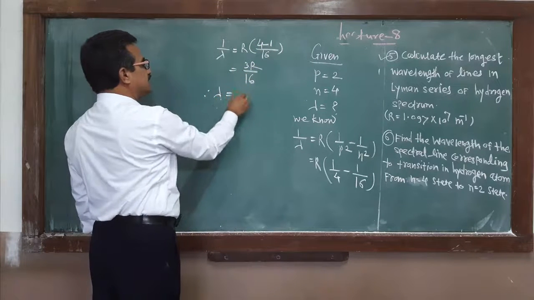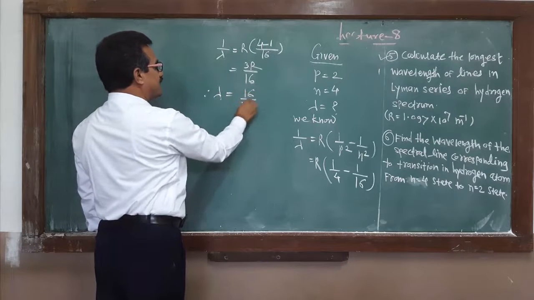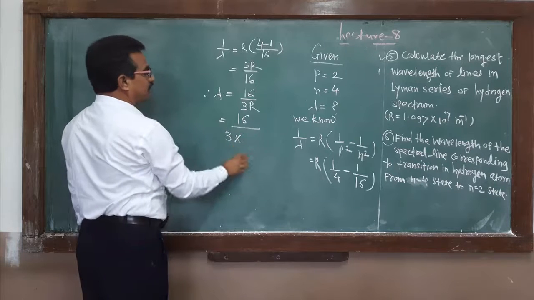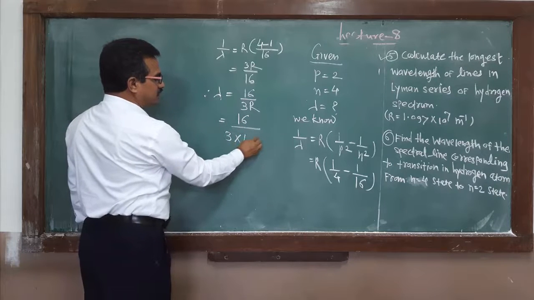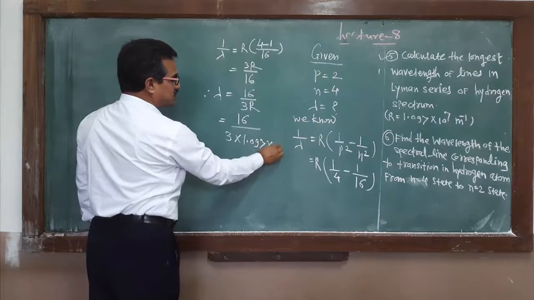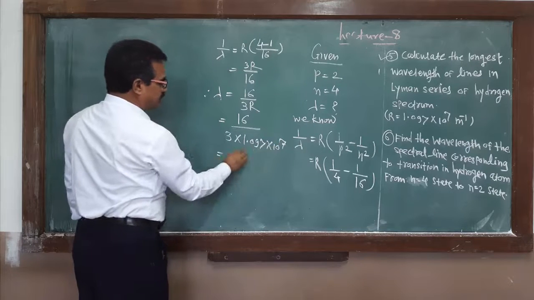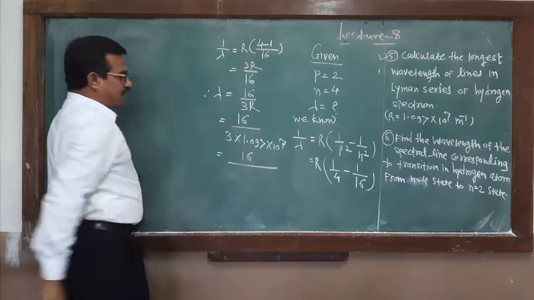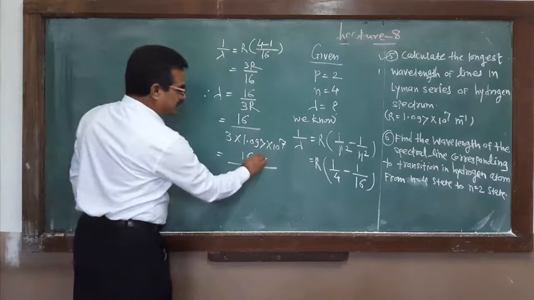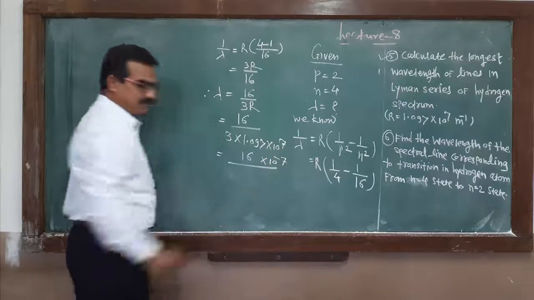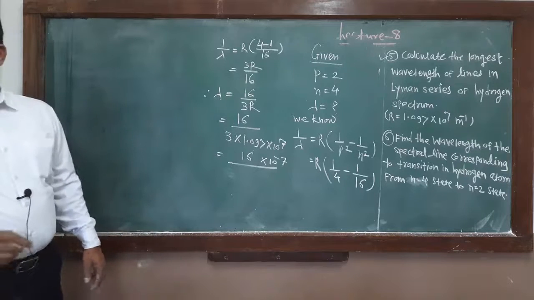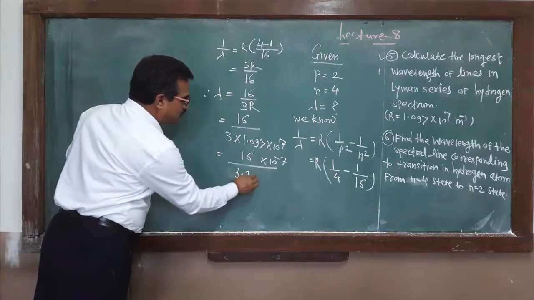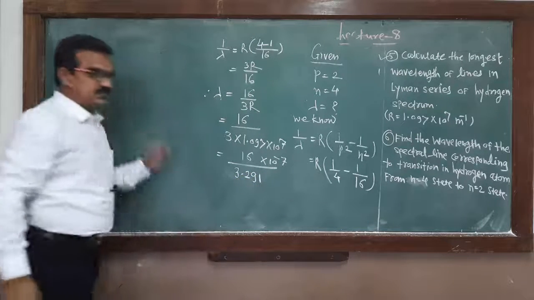Therefore, lambda is equal to 16 divided by 3R. Here is 16 divided by 3 multiplied by, what is the value of R? 1.097 into 10 raised to 7. That must be equal to 16 divided by 3 multiplied by 1.097, into 10 raised to minus 7. What is the value of this? 3.291, this is actually the value.